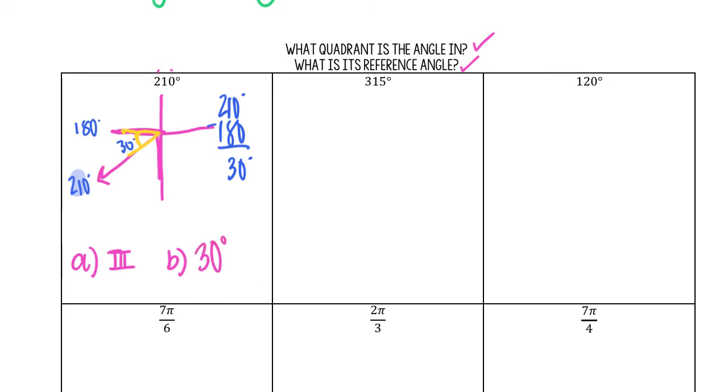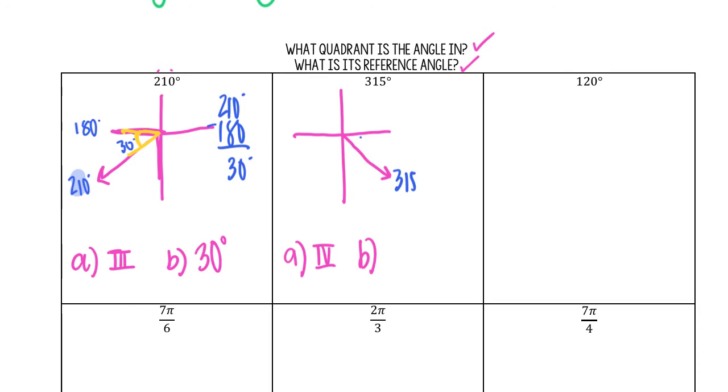All right, let's do the same thing with this next one. 315 degrees. 315 is smaller than 360, larger than 270, so it should land in the fourth quadrant. This is 315.